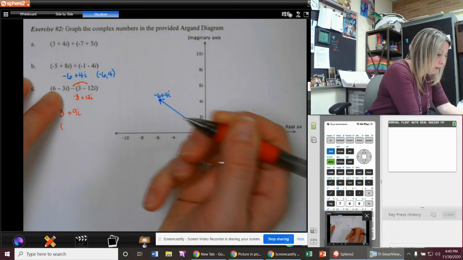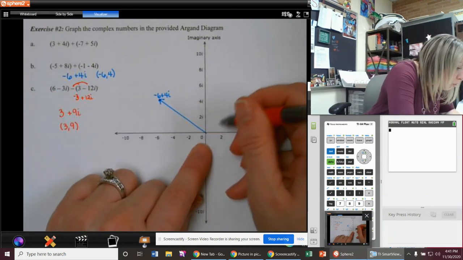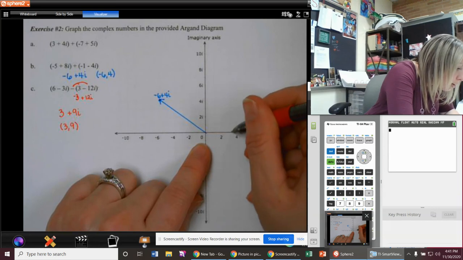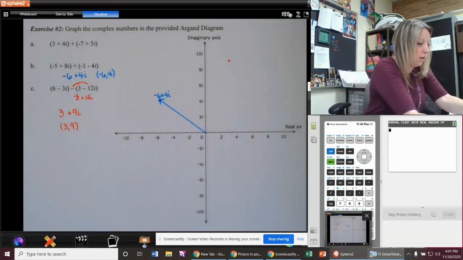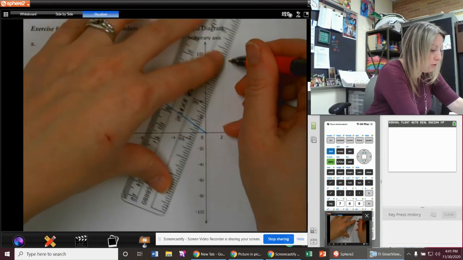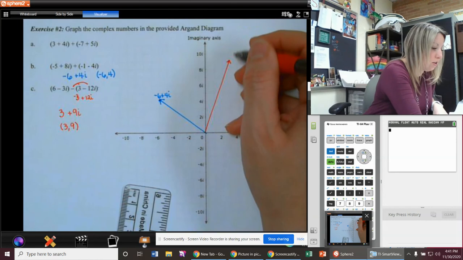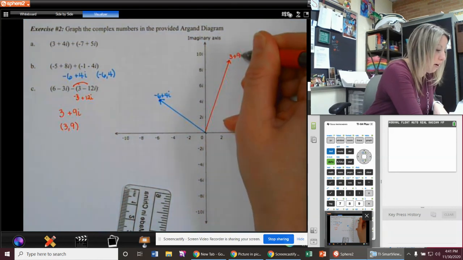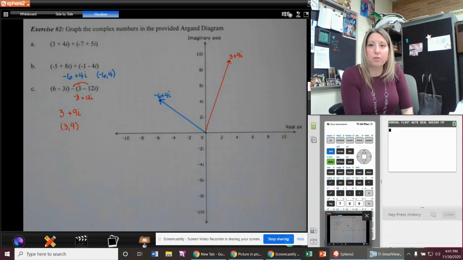So the point I'm going to graph is 3, 9. 1, 2, 3, all the way up to 9. Vector starts at 0, 0, and arrow at the end. 3 plus 9i. That's all we're looking at, is graphing those particular pieces.